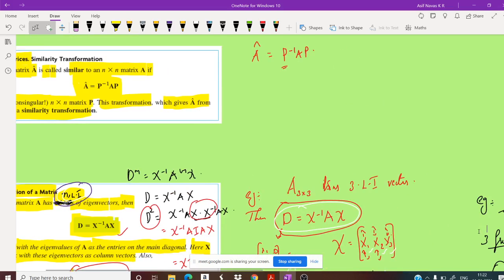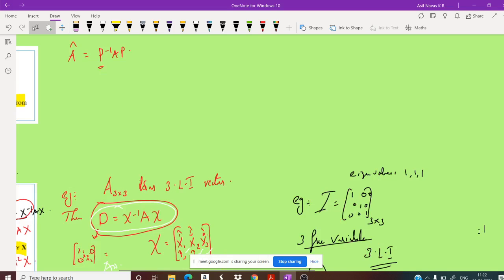For a 100 by 100 matrix, to find A raised to 10,000 you have to multiply A by itself 10,000 times. This is not simple. Even a calculator or a computer will take a lot of time.